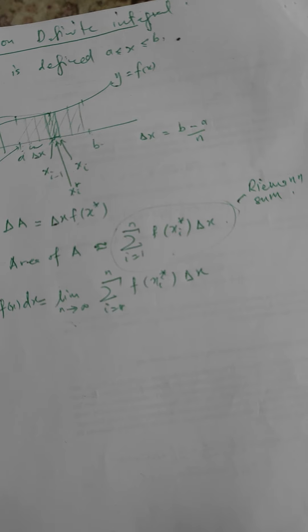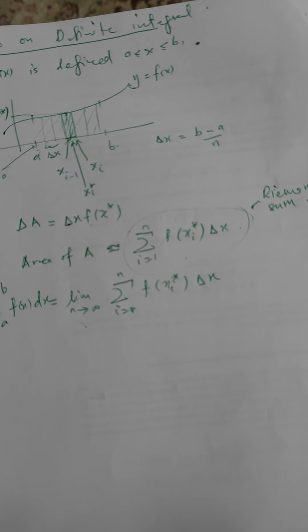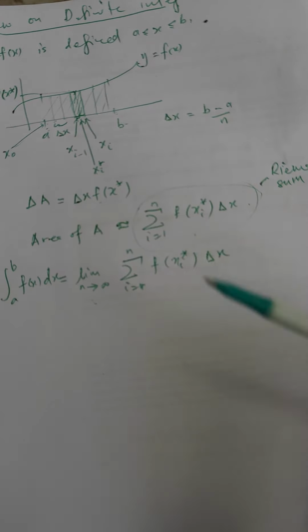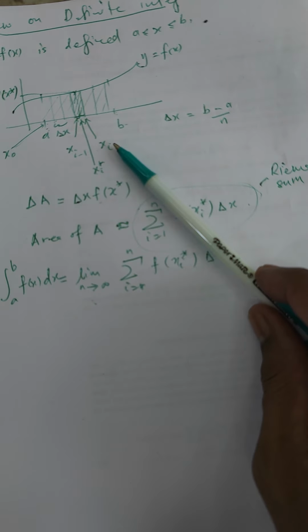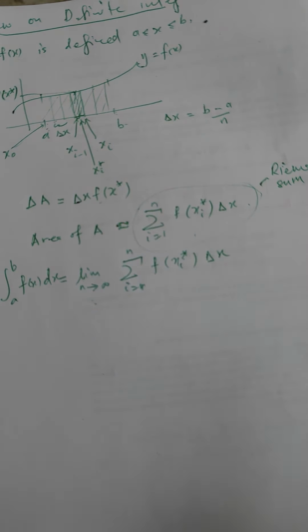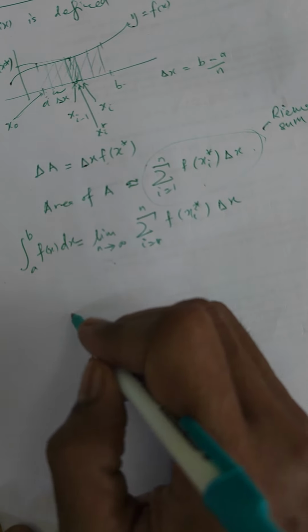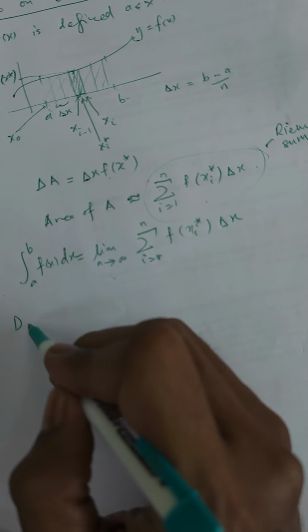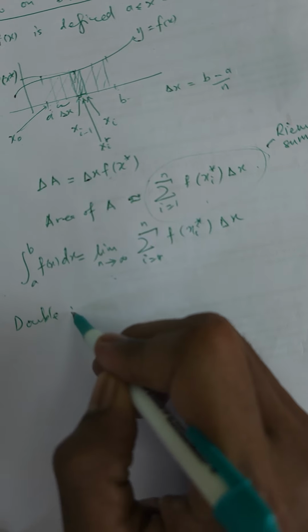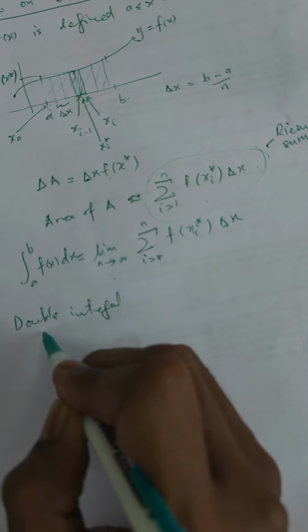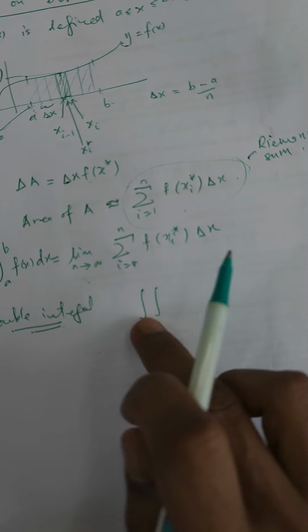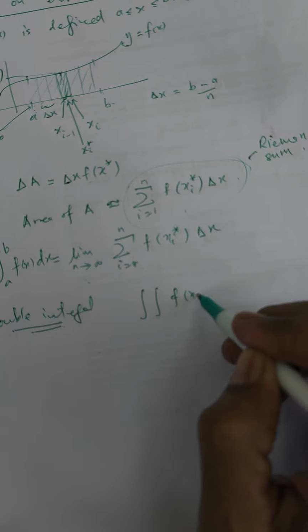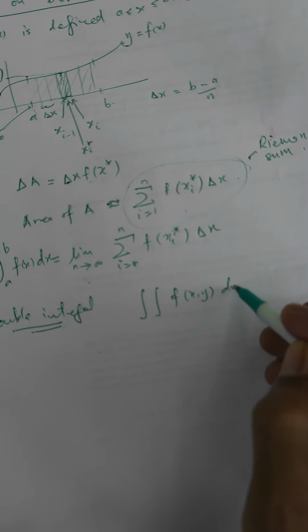Now we can extend this to the double integral. For the single integral, we obtain the area under the curve. So what do we mean by double integral, or how does it look? The double integral is given by this: the double integral of a function f(x, y) dy dx.